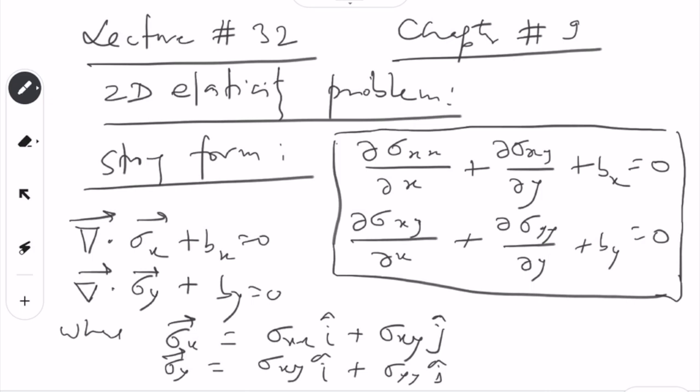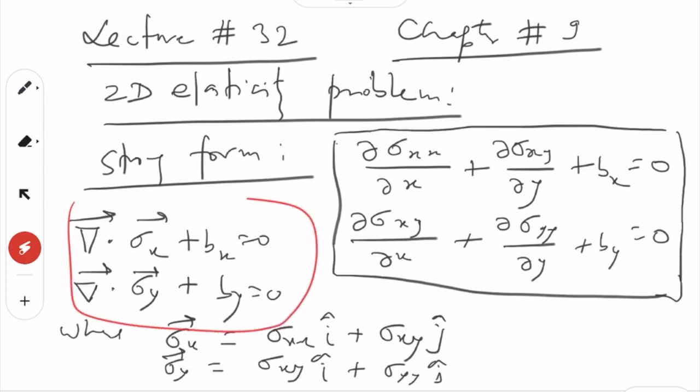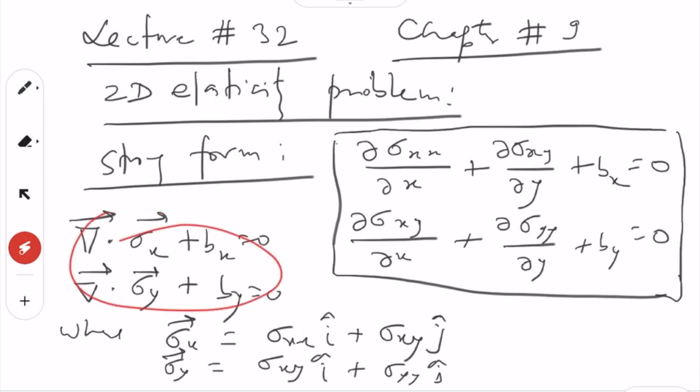Okay, so this is what we got last time. We can also write the same thing in terms of a matrix system. Here we are treating this as a vector, so we have divergence, and this is important to write like this because we can apply the divergence theorem.